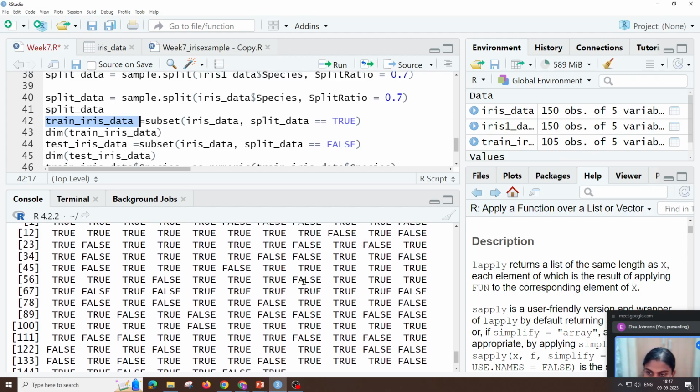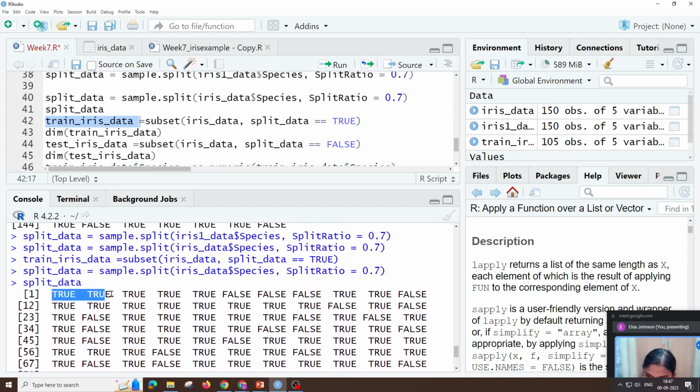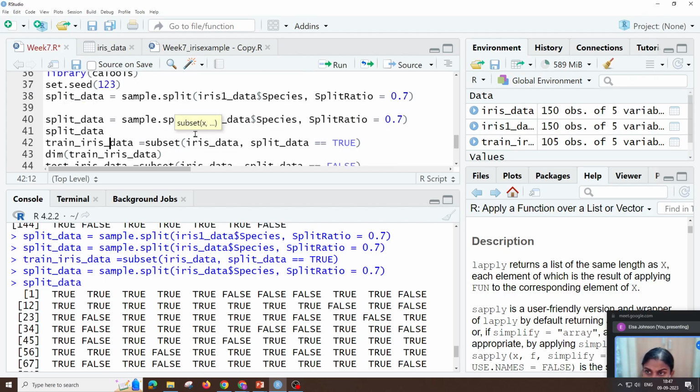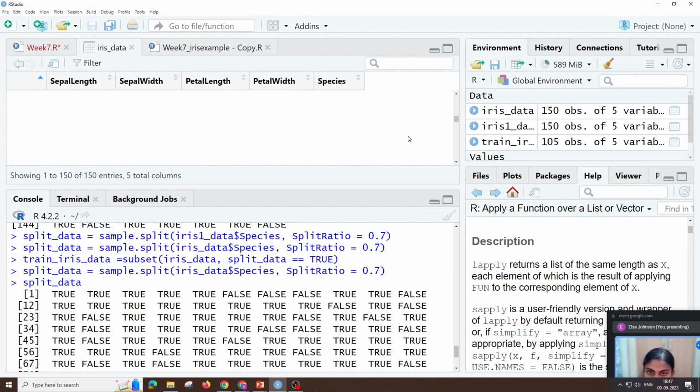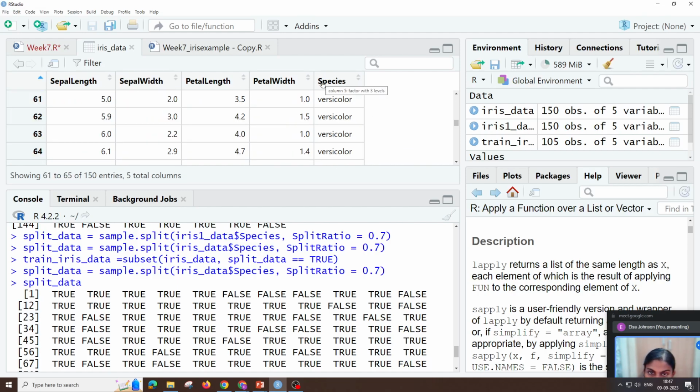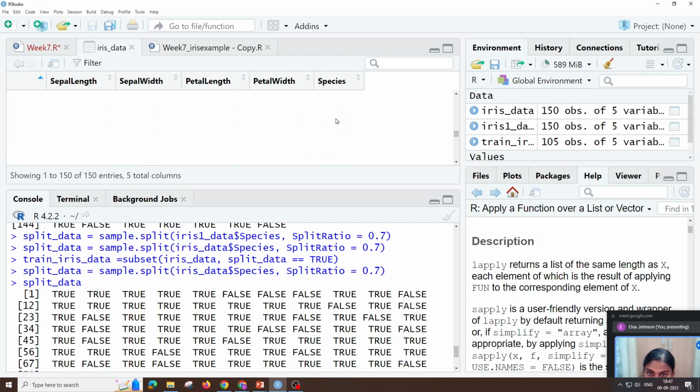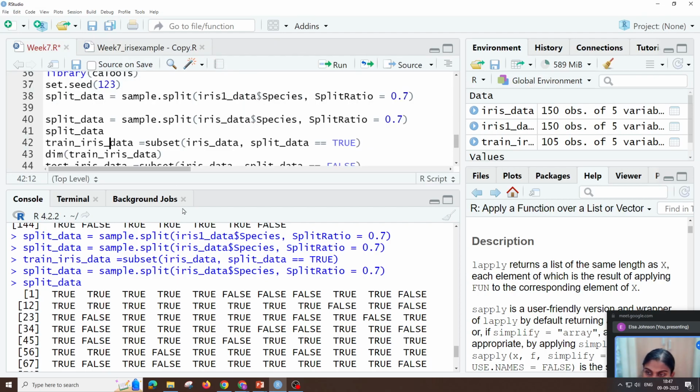Wherever the true has come, it has taken and stored in train underscore iris underscore data. One other thing that you have to see is iris data here is a factor with 3 levels.